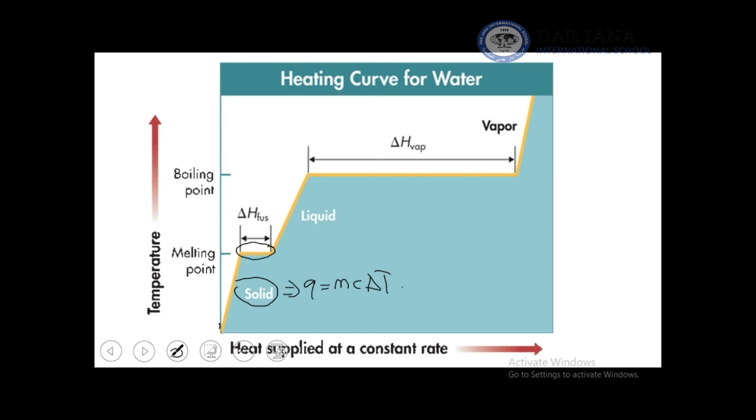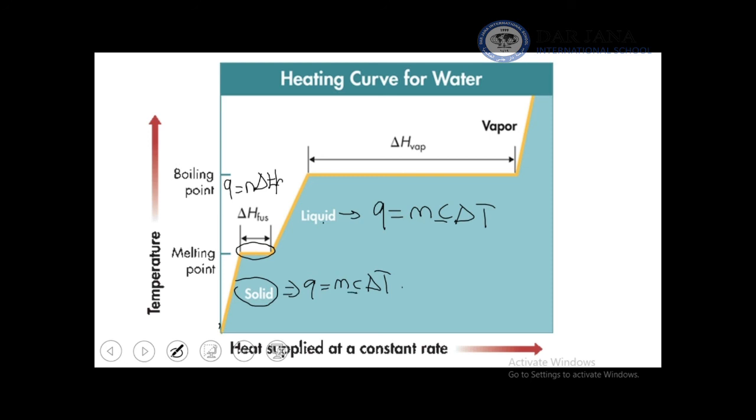For the amount of energy the solid absorbed to change into a liquid, we use the formula Q equals n times delta H of fusion. While when a liquid changes its temperature, Q equals mc delta T, but this c is the specific heat of the liquid, while the earlier c is the specific heat of the solid.